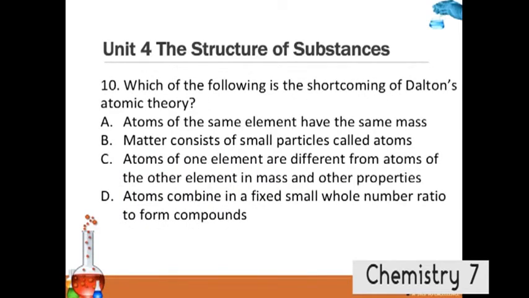Which of the following is the shortcoming of Dalton's atomic theory? Atoms of the same element have the same mass. Matter consists of small particles called atoms. Atoms of one element are different from atoms of the other element in mass and other properties. Atoms combine in a fixed small whole number ratio to form compounds.